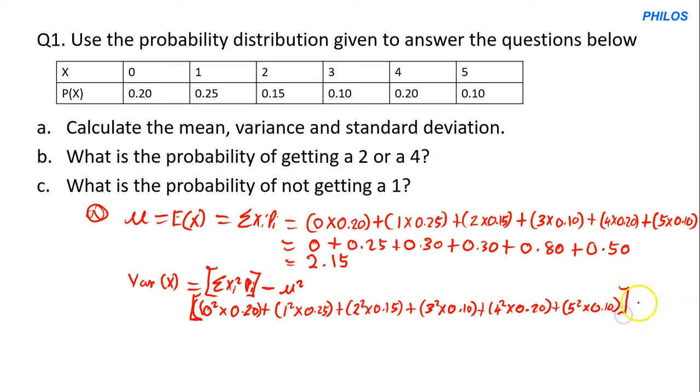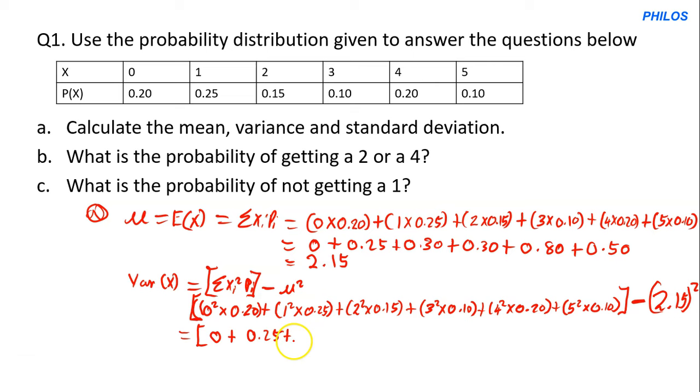Now we got the mean to be 2.15 here, isn't it? So we substitute 2.15 here, square. So this will give us, in bracket, 0 square is 0 times 0.20 gives us 0, plus 1 square is 1 times 0.25 gives us 0.25, plus 2 square is 4.